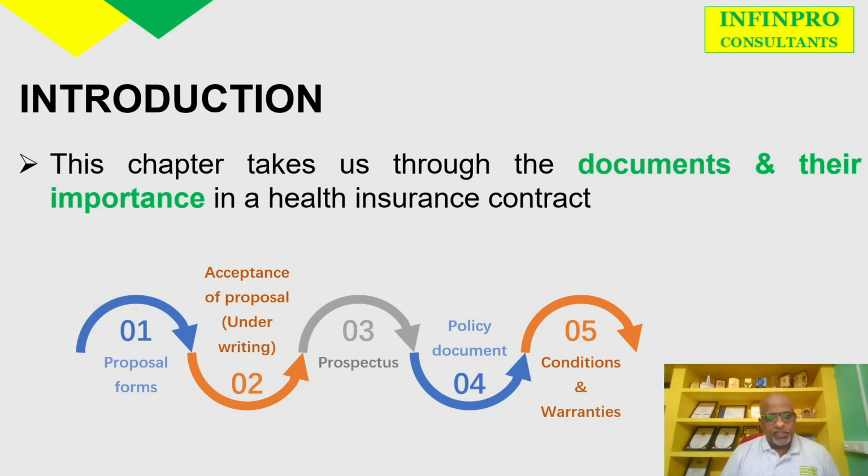Third, there is a prospectus for every policy being issued, which speaks about the benefits of the policy taken. Finally, the fourth step is the stage where the health insurance company accepts the risk and a policy document is issued to the customer. If required, there are conditions and warranties added in any policy depending on the details shared by the customer in the proposal form. So various stages from proposal form to policy issuance is what the documents travel through.